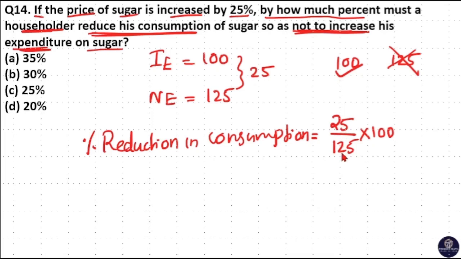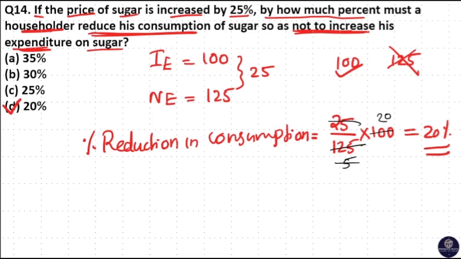That is 25 by 125 into 100, which is equal to, here 25 goes 5 times in 125. 5 goes 20 times in 100. Then 20% is the percentage reduction in consumption. So this householder needs to reduce 20% consumption on sugar. Option D is your answer.